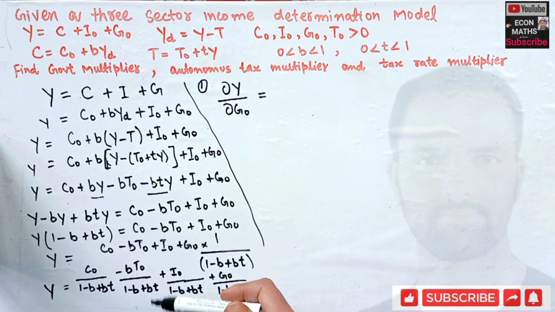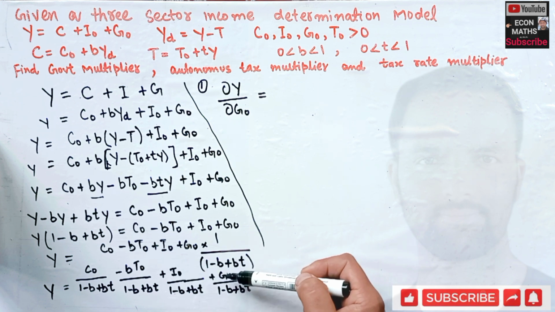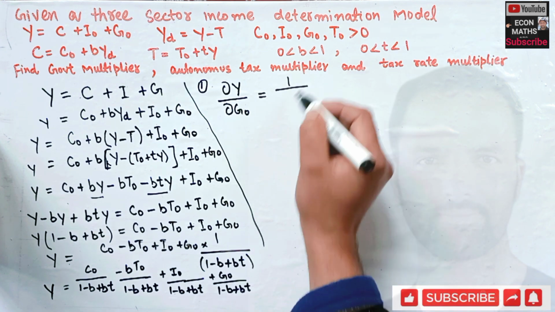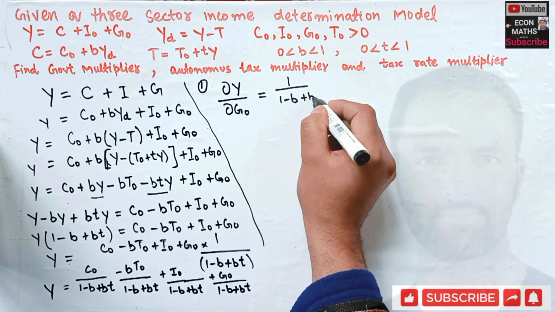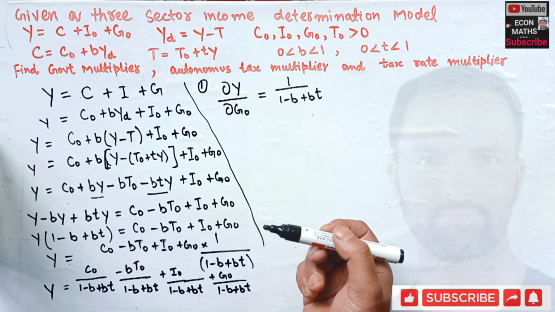In the second term there is no g involved, so its derivative will also be 0. In the third term there is no g naught involved, so the derivative will be 0. In the fourth term we have g naught, and the derivative of g naught will be 1. So we have 1 upon 1 minus b plus bt. This will be our government expenditure multiplier.